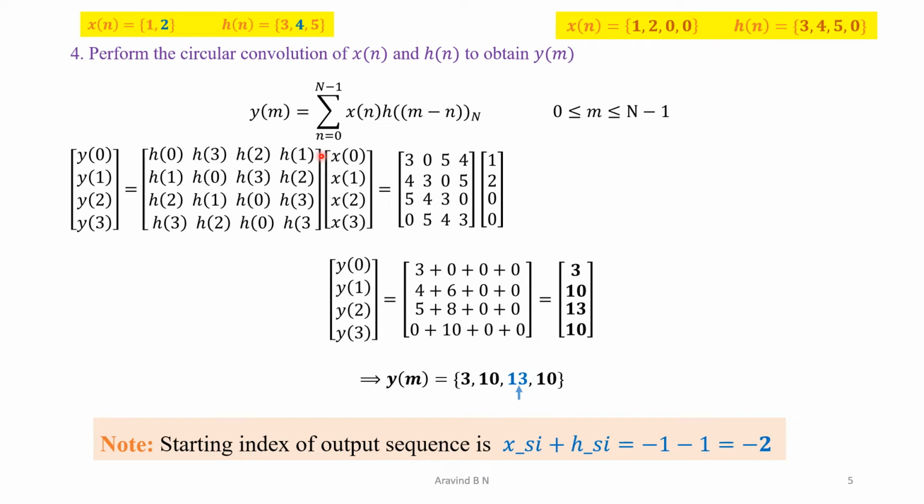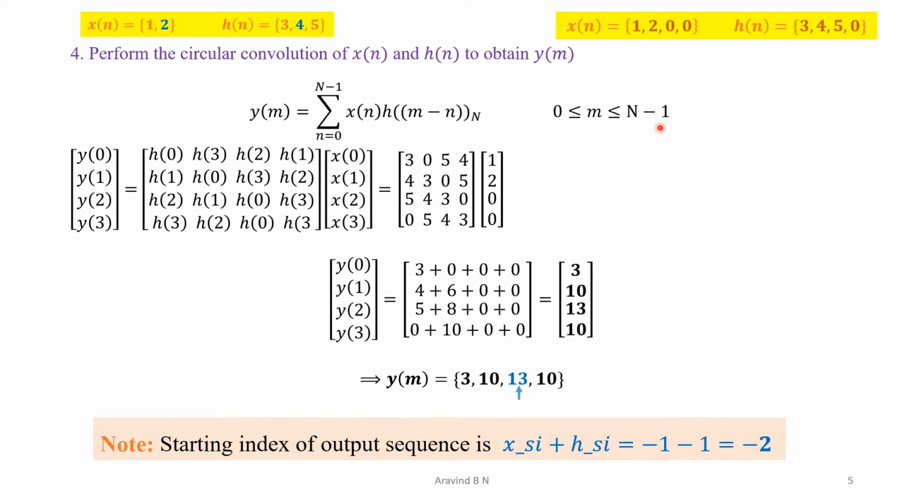Now let us go through the time domain method of circular convolution. y of m is equal to summation n is equal to 0 to N minus 1, x of n, h of m minus n, for all the values of m ranging from 0 to N minus 1.